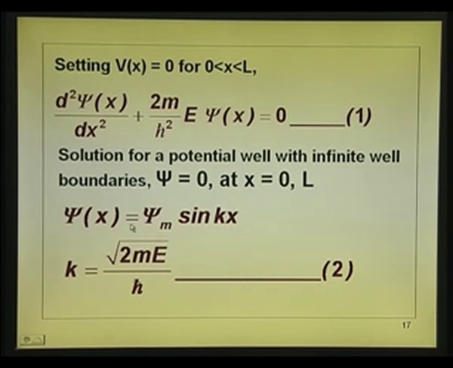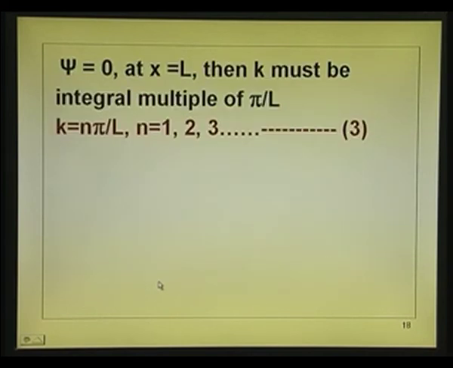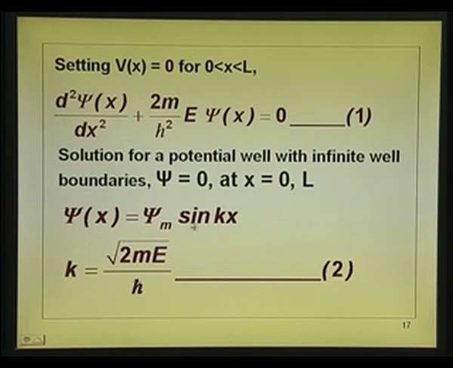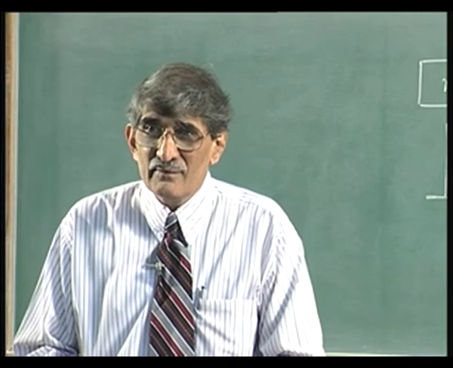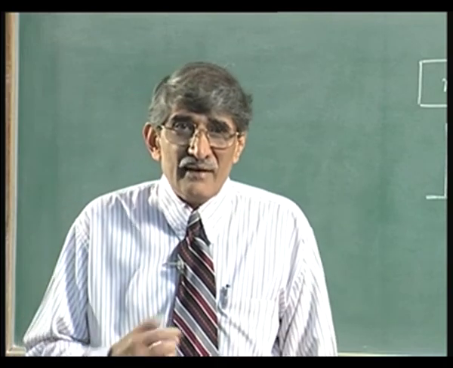Now, psi of x should also be equal to 0 at x equal to L. So, k will take only certain values. k is actually a wave number, which is root of 2mE by h bar. All that we have to say is that sin kL should be equal to 0 for certain values of k.